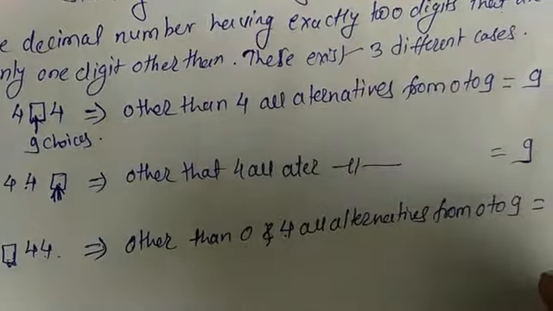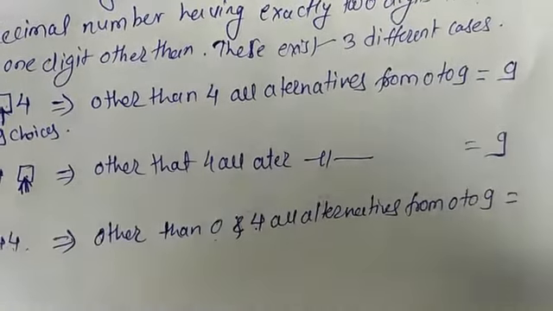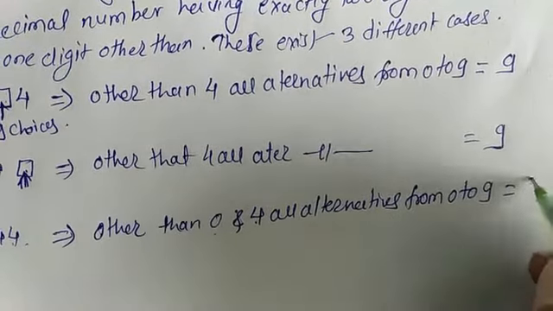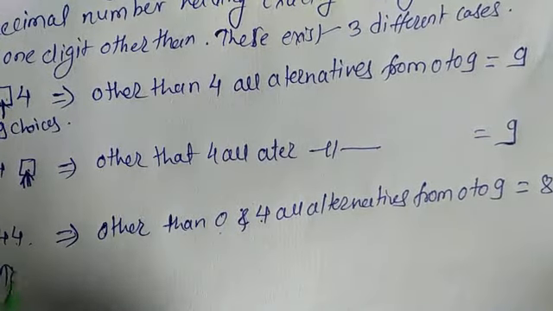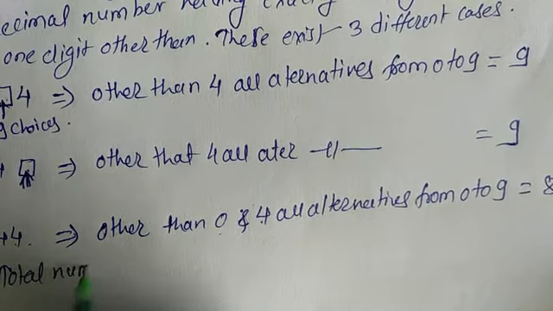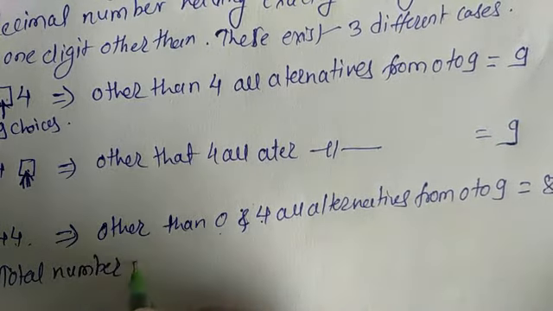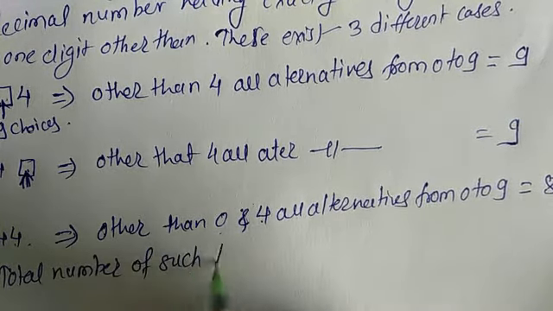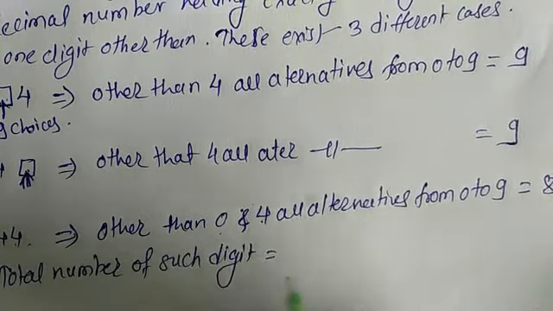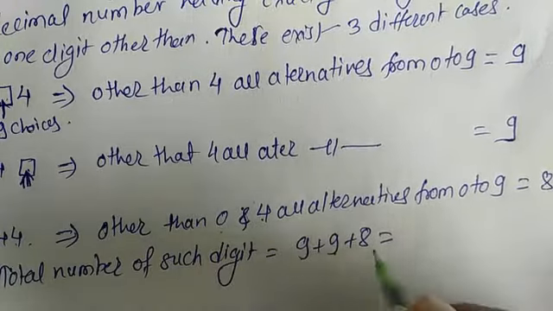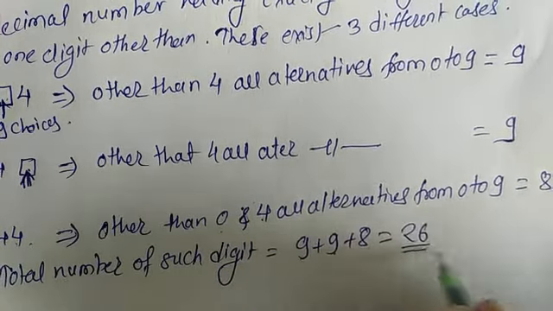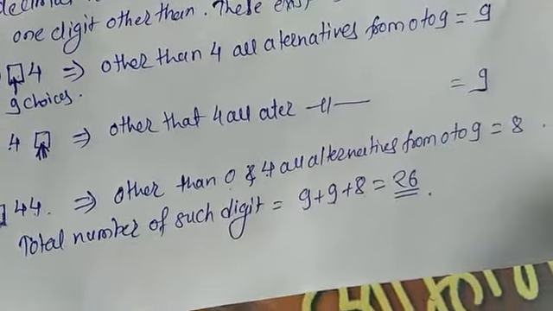So only the remaining possibilities are 2 numbers deleted from 10 numbers, so there are 8 possibilities. So the total numbers of such digits is equal to 9 plus 9 plus 8, which is 26, which is our required solution. Okay.